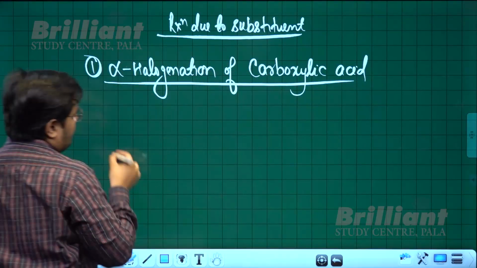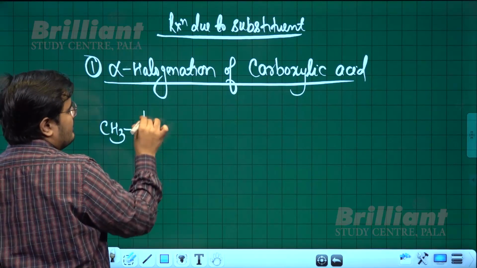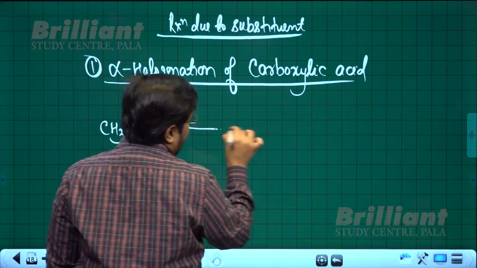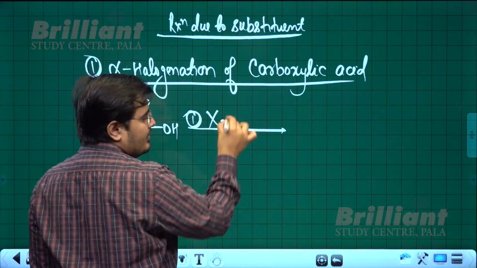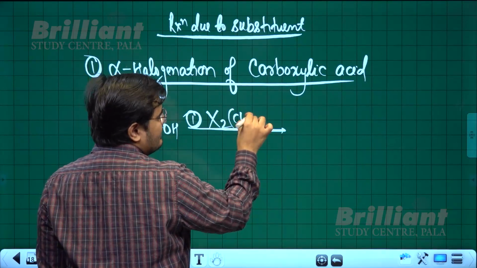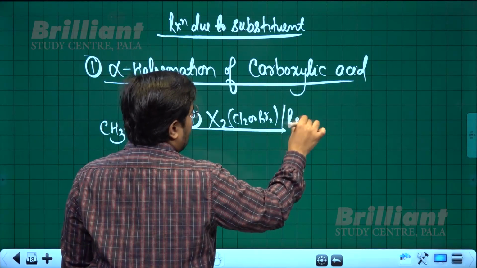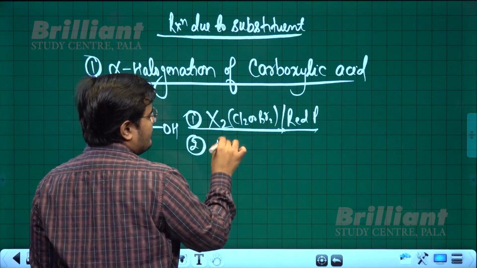So in this case what happens is, let's say I am having CH3COOH, and this is then treated with red phosphorus taken along with a halogen. Let's say X2 is Cl2 or Br2. You are taking red phosphorus followed by hydrolysis.